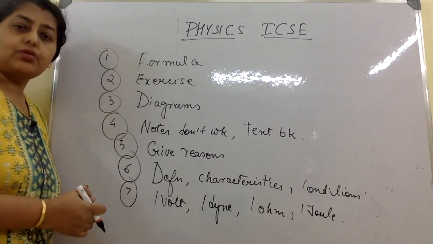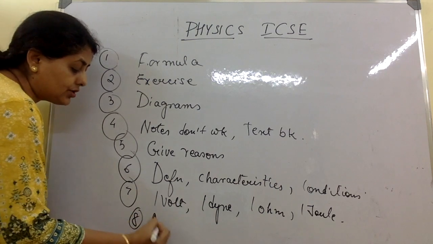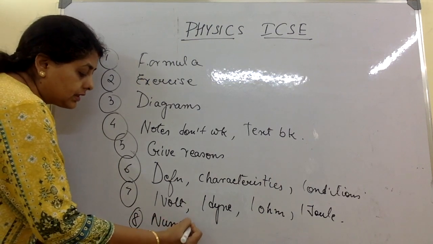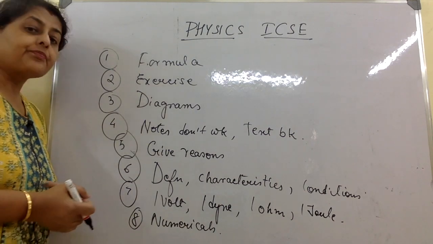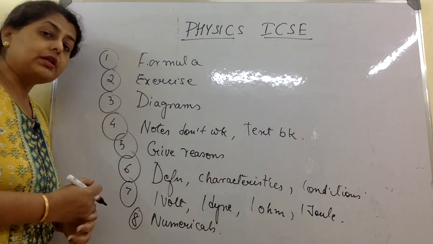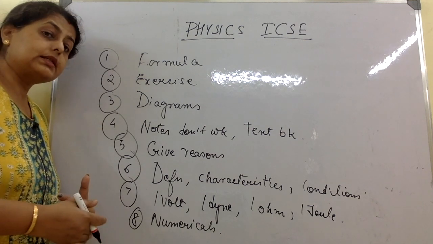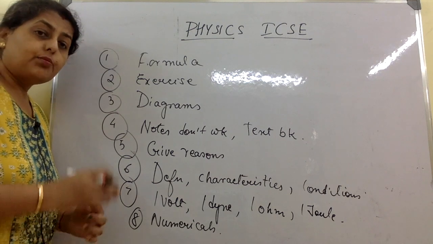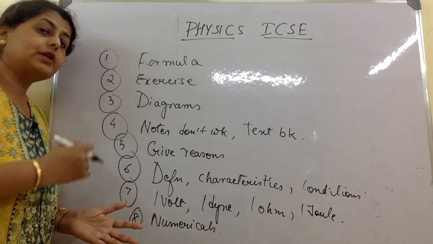Apart from this, of course, you have your numericals. You have lots of numericals that have to be done. Every chapter has its own numericals, so you have to do them. Not writing the formula is not enough. Now, what else is to be done in the pulley chapter?